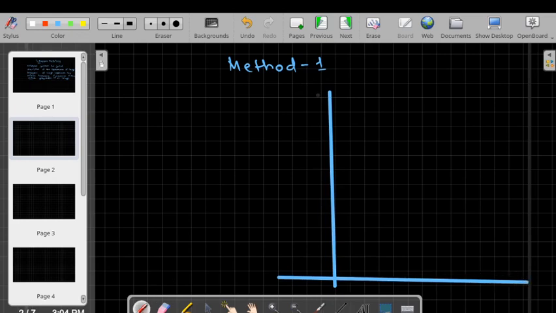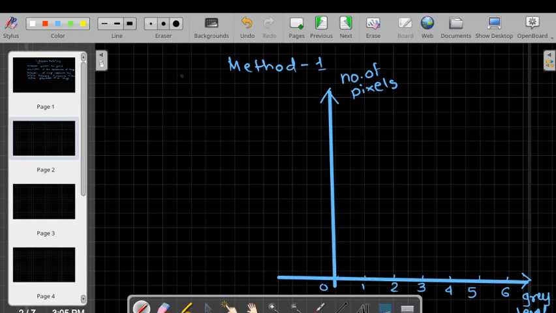So this axis represents the number of pixels and this axis represents the grayscale or gray level. Let's consider this is 0, 1, 2, 3, 4, 5 and 6.